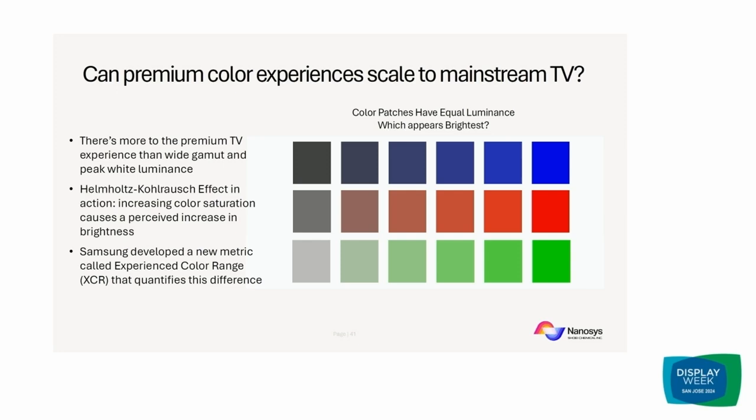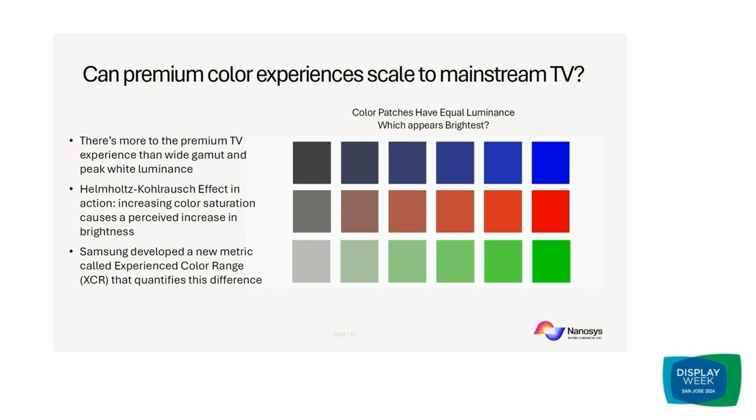So if you look at these color chips here, they're actually all at the same luminance in terms of nits or brightness. But to a human, most people will consider that the more saturated colors appear brighter to them. And this is a documented effect in how humans perceive color saturation.